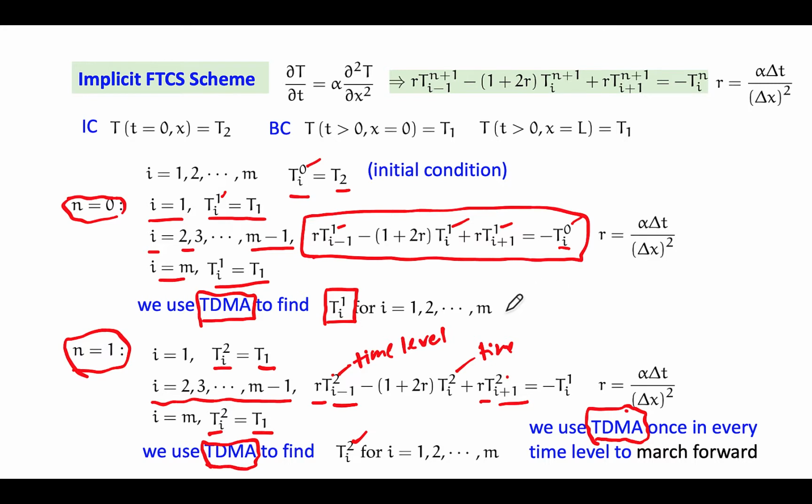Here at every time level you have to solve this tridiagonal matrix once, and depending upon the physical problem, to reach steady state you may have to take many thousands of time levels. So at every time step you have to solve this. That means many thousand times you have to solve this TDMA. So now you understand that your TDMA solver must be very good, very fast, otherwise this entire solution will take a lot of time and a lot of resource.